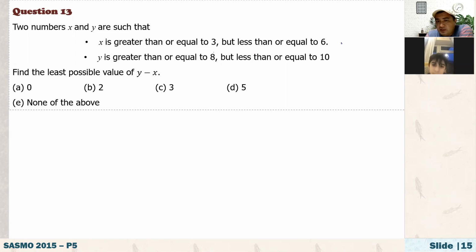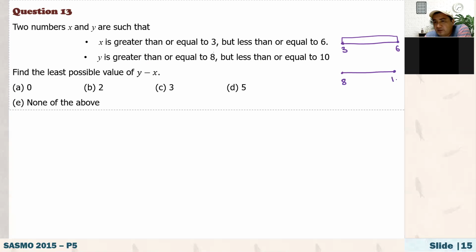That means that if we just draw a number line, here we have 3 and here we have 6. So x is the numbers between 3 and 6, and also including 3 and 6. And the second one says that y is greater than or equal to 8, but less than or equal to 10. Again, a number line, here we have 8 and here we have 10. And y values are values between these two numbers.